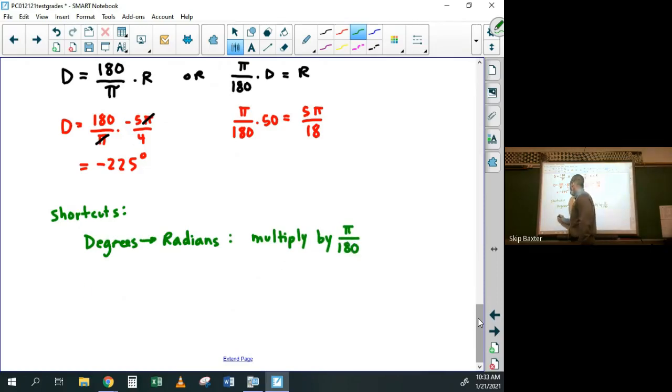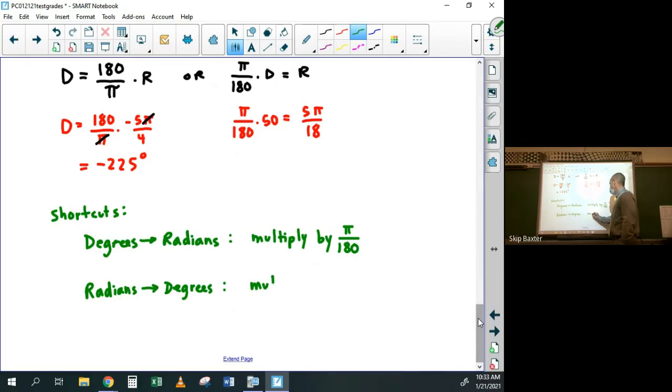And if you're going from radians to degrees, you're going to multiply by 180 over pi.